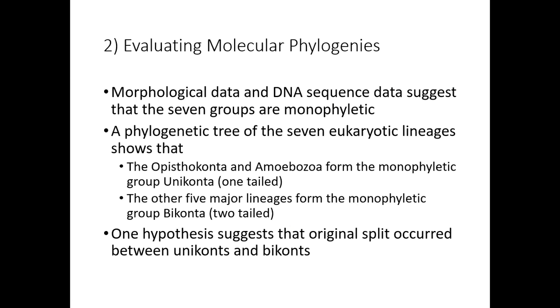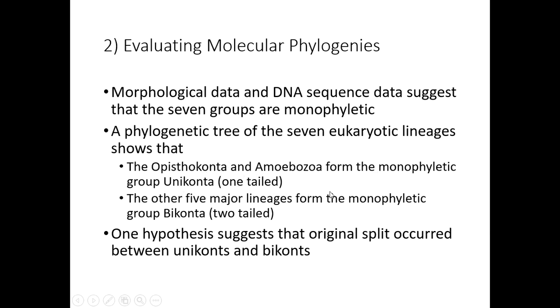The second way in which we study protists is by evaluating molecular phylogenies. Morphological data and DNA sequence suggest that the seven groups are in fact monophyletic. A phylogenetic tree of the seven lineages shows that the Opisthokonta and the Amoebozoa form the monophyletic group Unikonta, or one-tail.